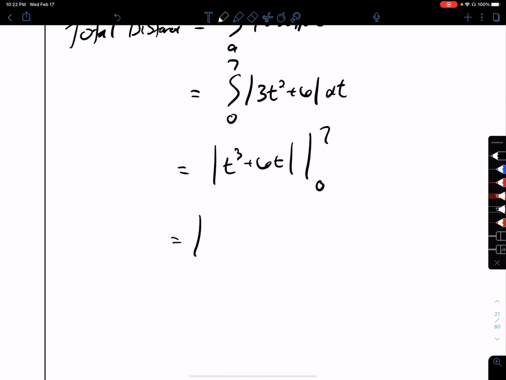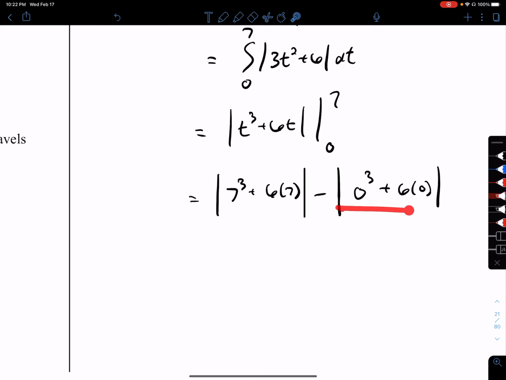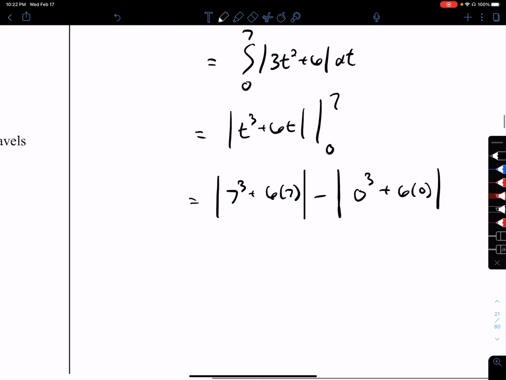So we're going to have 7 cubed plus 6 times 7. Take the absolute value of that. And then we're going to subtract from that 0 cubed plus 6 times 0. Now obviously this part here is all going to be 0. 7 cubed is 343. 6 times 7 is 42.